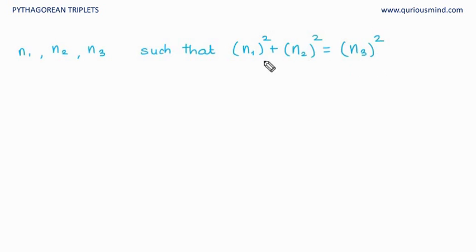If you remember, Pythagoras rule in a right angle triangle is sum of squares of legs is equal to square of hypotenuse. So if we have any three numbers which follow the Pythagoras rule, then we call them Pythagorean triplets.